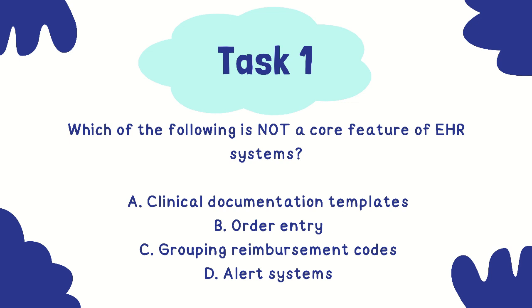And so you have to figure out what is to help you figure out what is not. And if you said C, grouping reimbursement codes, then you are correct. And notice how the question says, which of the following is not a core feature of EHR systems?